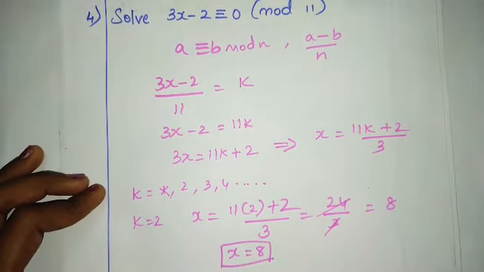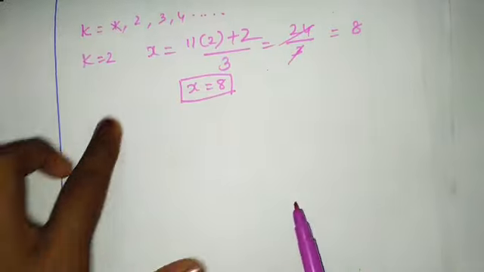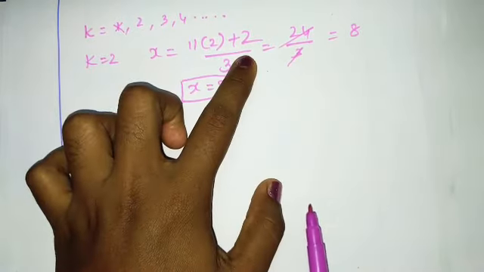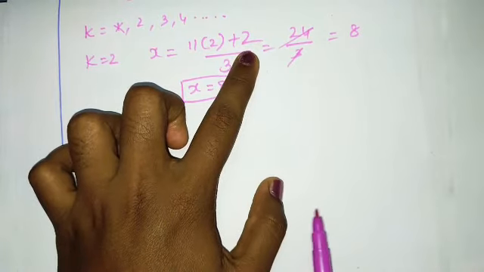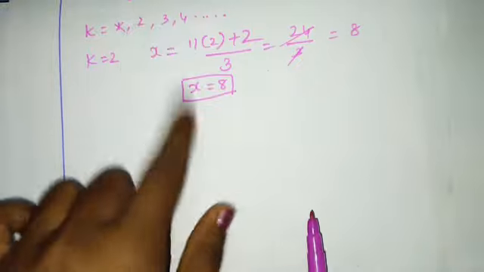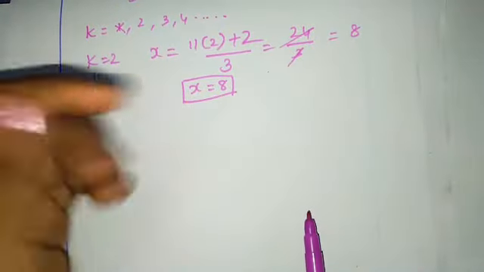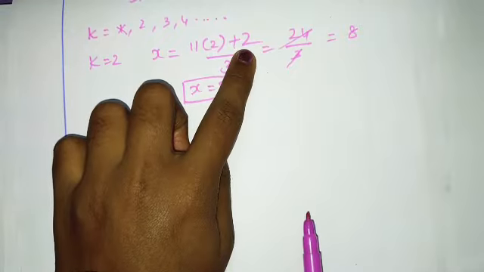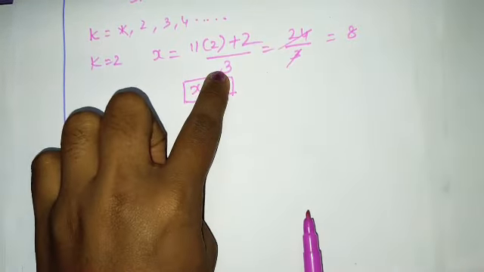Just check. If I take 3, 11 into 3 is 33, 33 plus 2 is 35, 35 cannot be divided by 3. Now if I take 5, 11 into 5 is 55, 55 plus 2 is 57, 57 can be divided by 3, correct?